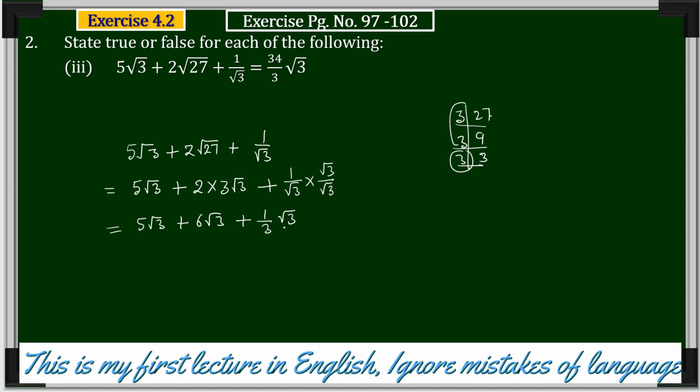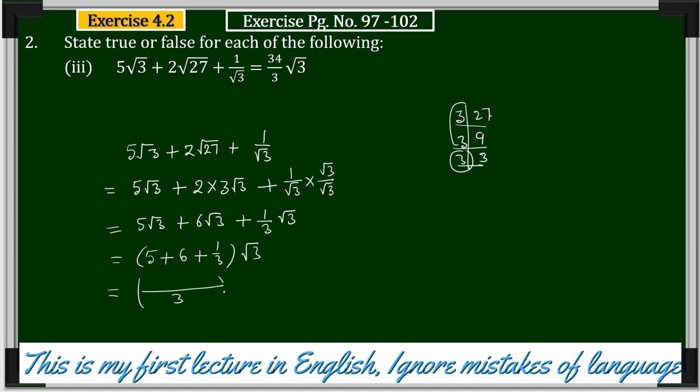Root 3 into root 3 becomes 3. Now take root 3 as common and write all the parts in the bracket. 5 plus 6 plus 1 upon 3 square root 3. Now it's 11 and you can take the LCM.